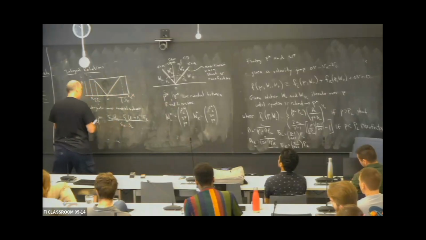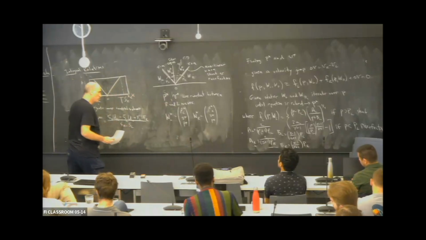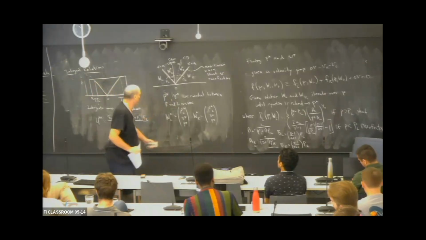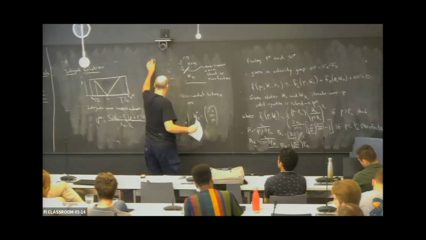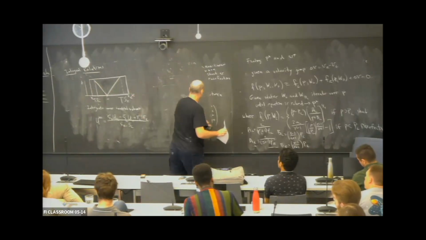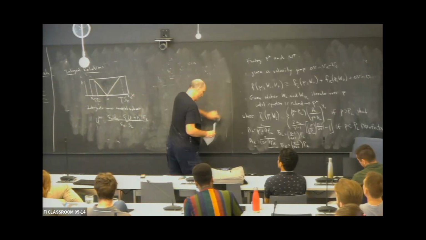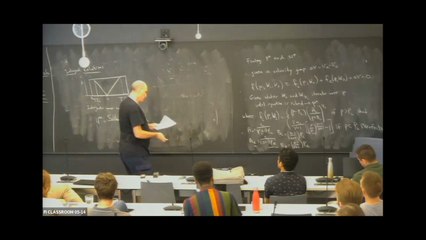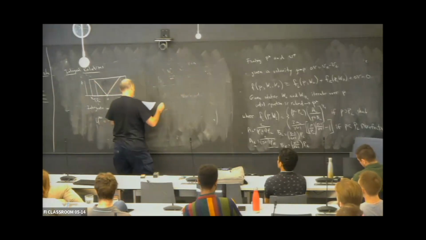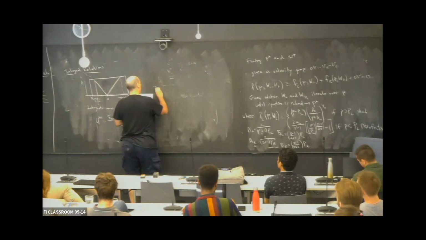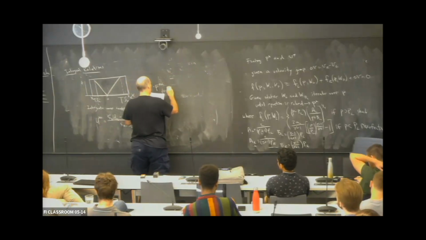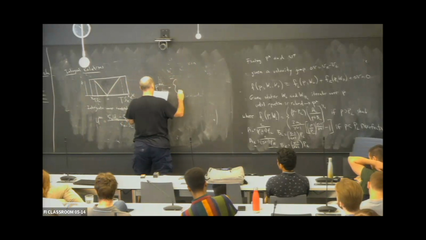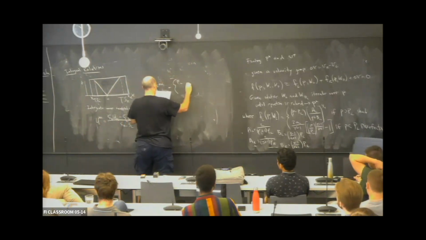So the bottom line is that you have an HLL flux at the zone interfaces, which are given by the flux on the left.